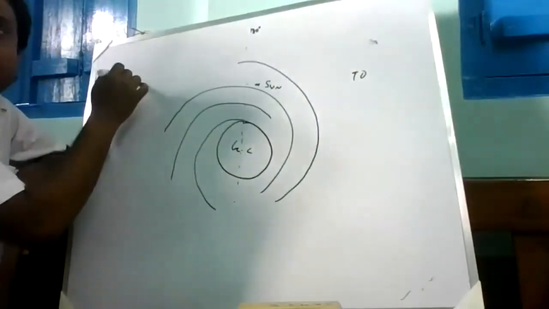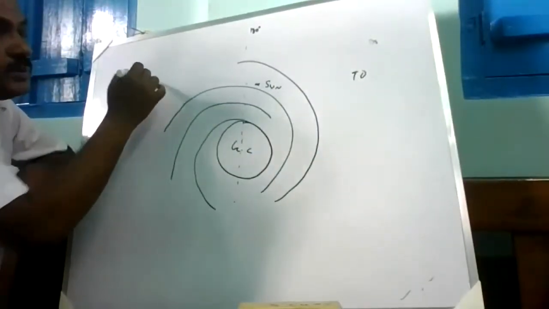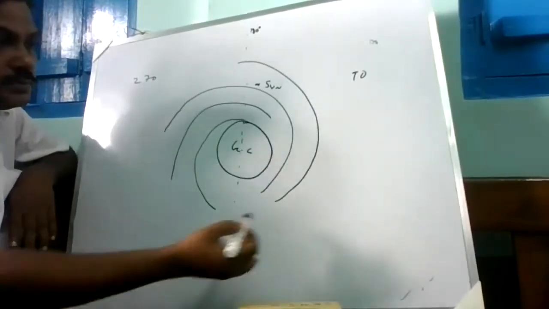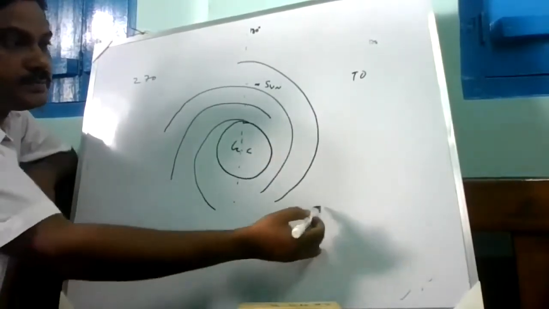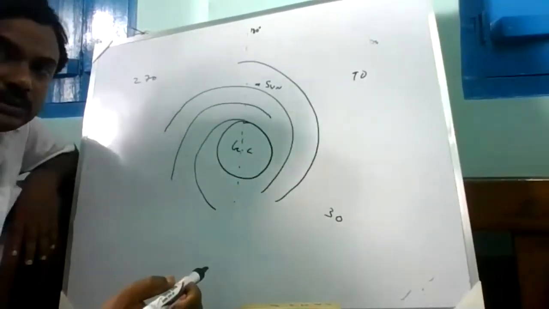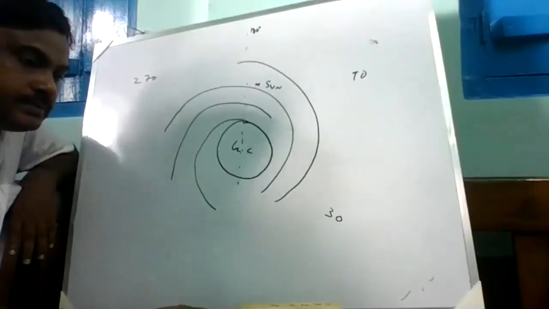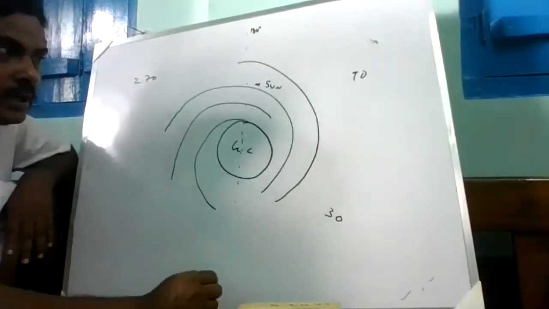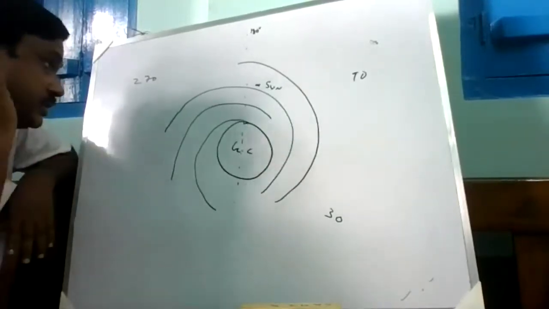This will be 270 degree, of course. This will be say 50 degree. So this is the picture of the spiral arms that we see.